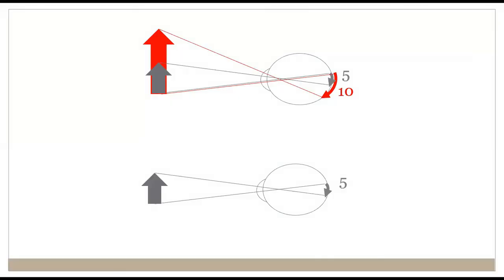So how about the second factor? Here in this diagram, we have only one object, which is the gray arrow. At this distance, it stimulates 5 photoreceptors. How about moving this arrow closer to the eye? Now, if we draw 2 rays from the extremities of this arrow to form what's called the visual angle and to draw the retinal image.